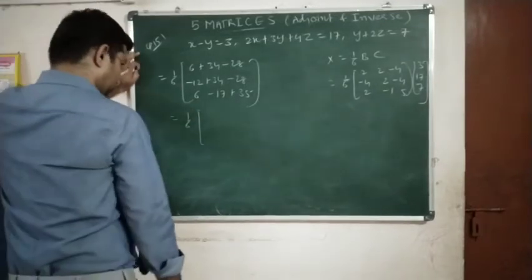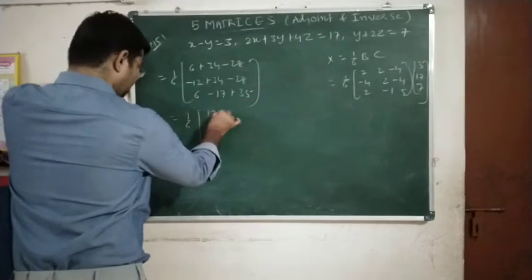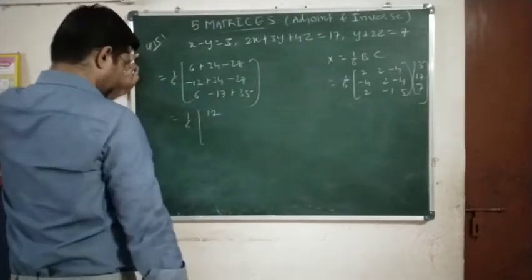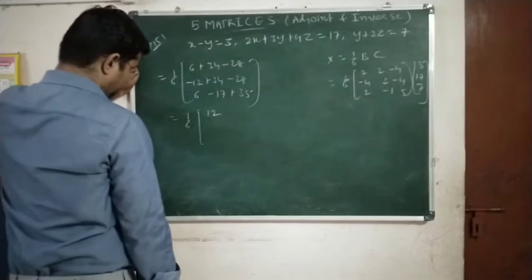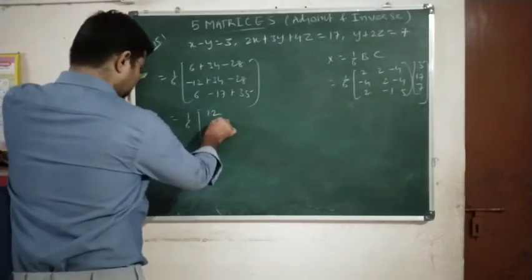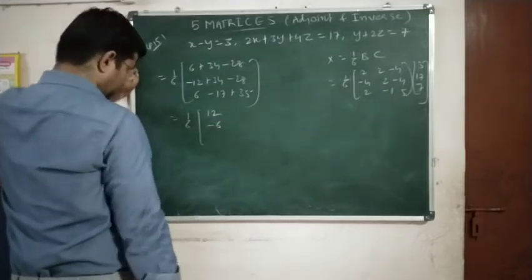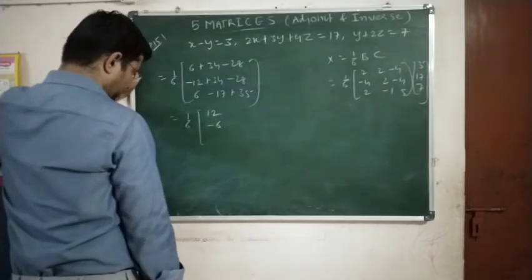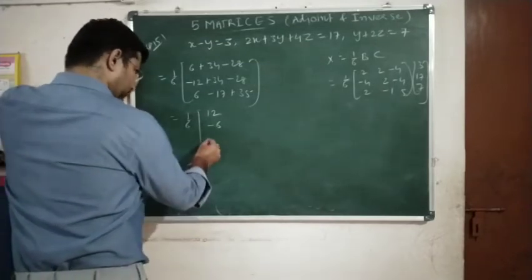This is equal to 40 minus 30, so 12. Then 28, 6 minus 6, and 18 plus 6.